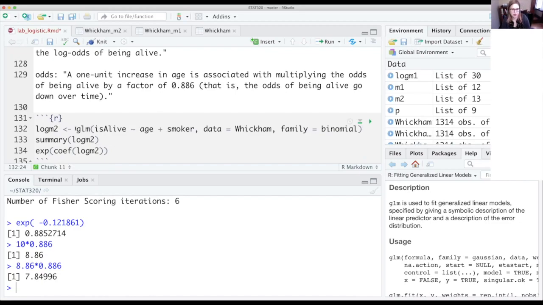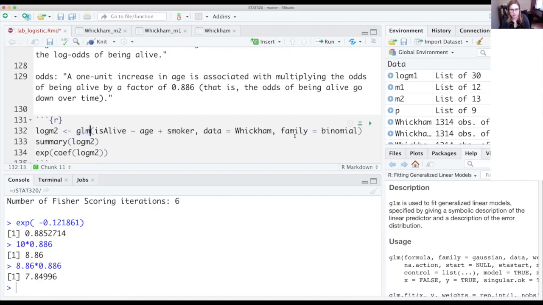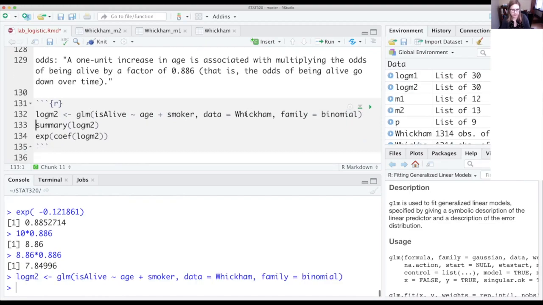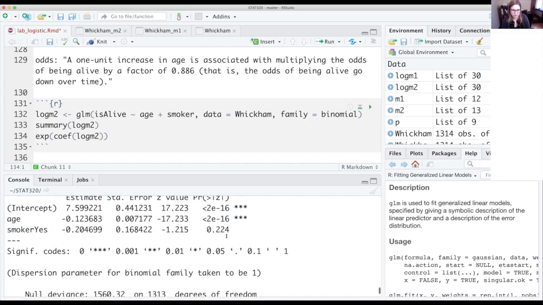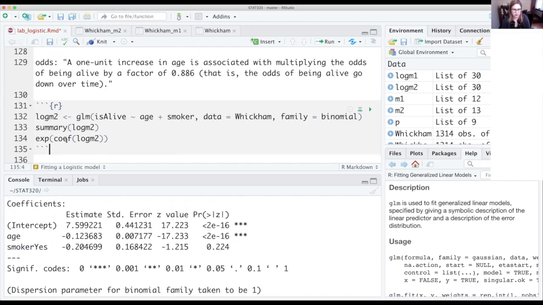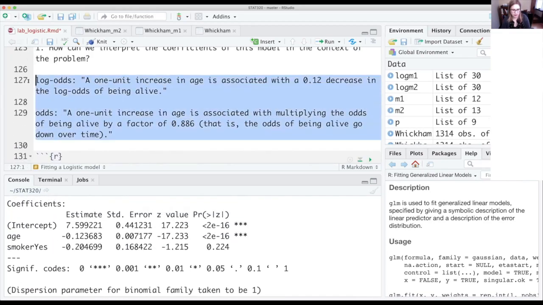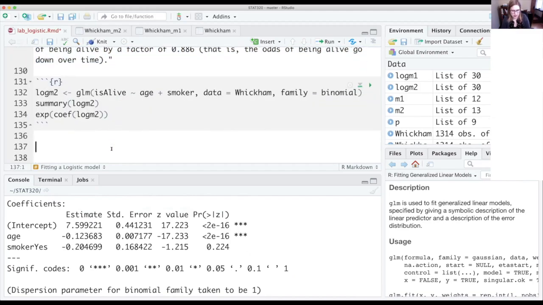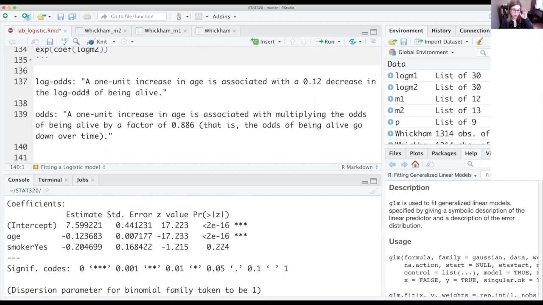So this is what I was saying. I'm sort of going into chapter 10. You could also do a generalized linear model with family binomial, and you could put more than one predictor into that model specification. So I could have age and being a smoker, and I could look at the summary of that model, and I could interpret these sentences. I'm going to just copy the ones from above because I think the age stuff doesn't change a huge amount.